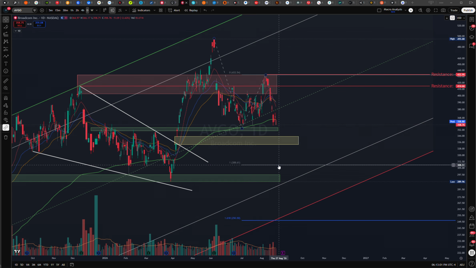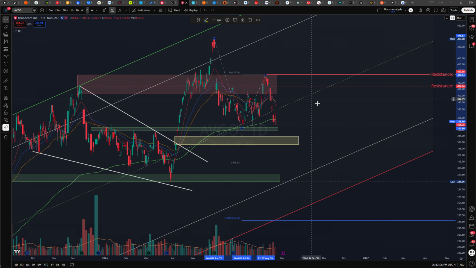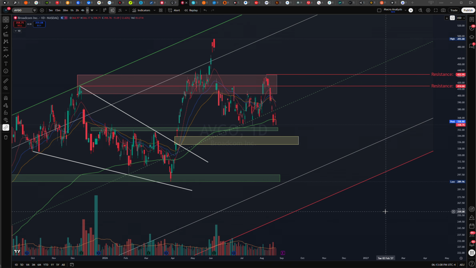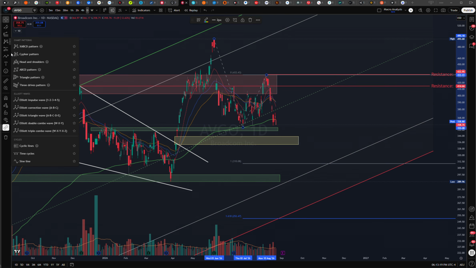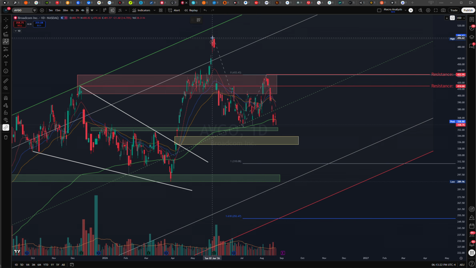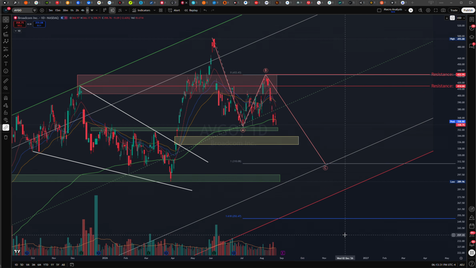If you're using the fib extension tool, let me show you how to use that. If you're doing an ABC retracement, use the fib extension tool right here from the pivot high, A, B, and C. This would be like the bearish case scenario where it comes back down and fills.